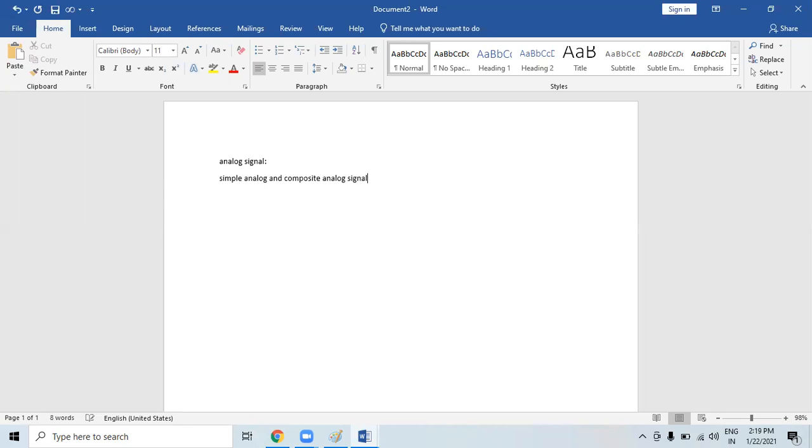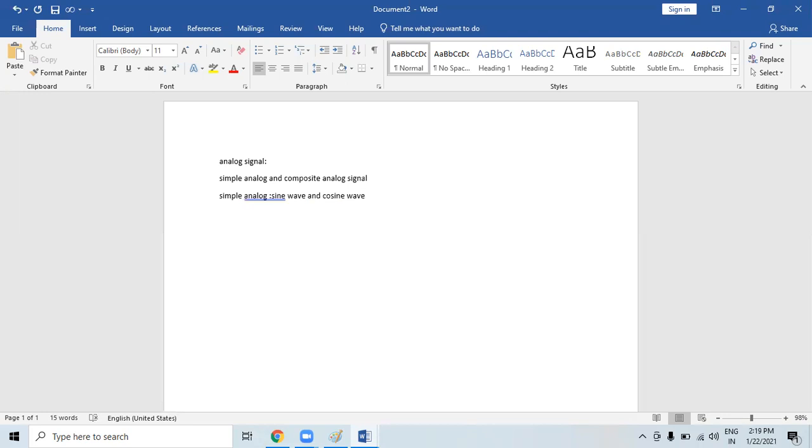Okay, so under the simple analog signal, two points are there, that is sine wave and cosine wave.